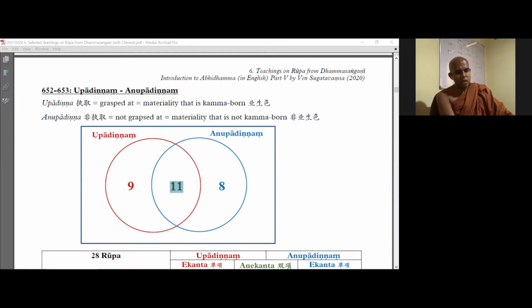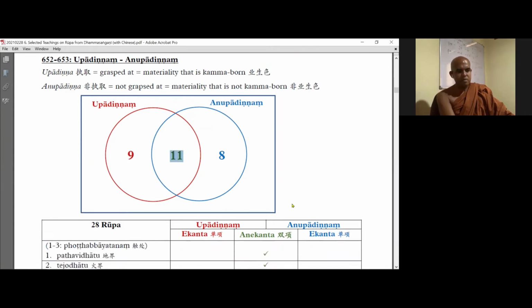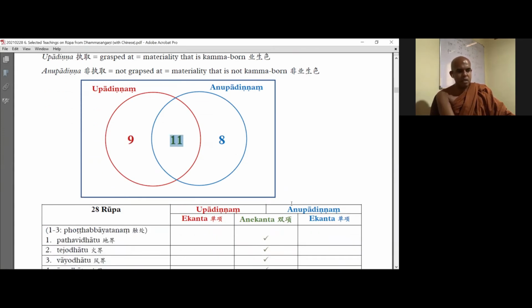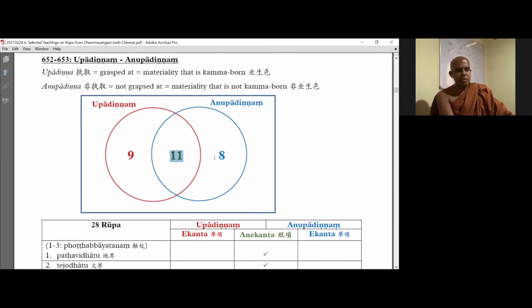Now this way, how many Kamma born rupa? Sorry, Kamma born rupa means 9 plus 11 become 20. How many not Kamma born rupa? 11 plus 8 become 19.